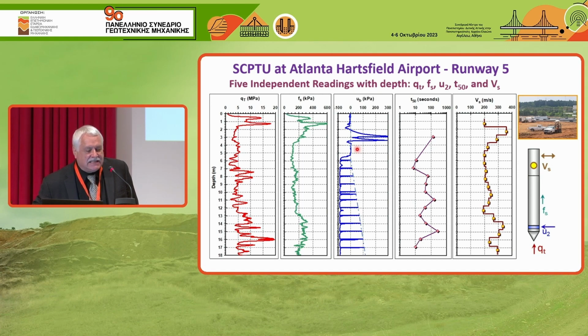But it doesn't desaturate it. All of these dissipations are coming up to the hydrostatic, and if you follow the hydrostatic line back, it's right when the pore pressures went negative. And so I can measure the time it took to get T50, which is a dissipation rate, to get permeability. So in this case, I could do 5 independent readings with depth. 5 independent readings.